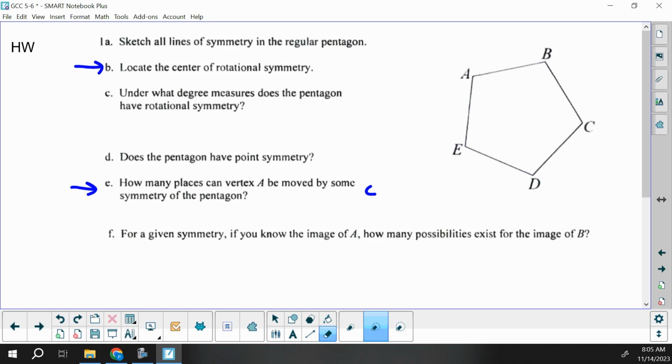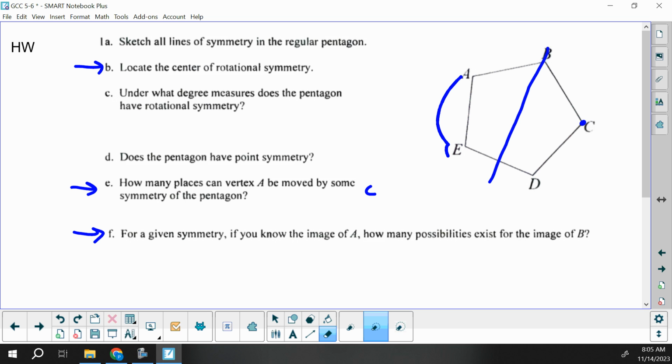And then the last one for F, if we know the image of A, how many different symmetries could exist? And we're just going to do that one together. So let's say that A was going to end up at C. Well, what are the different symmetries that could cause A to go to C? Well, one of them is the one we just drew, a line symmetry. And then the other is, what if we rotated it?